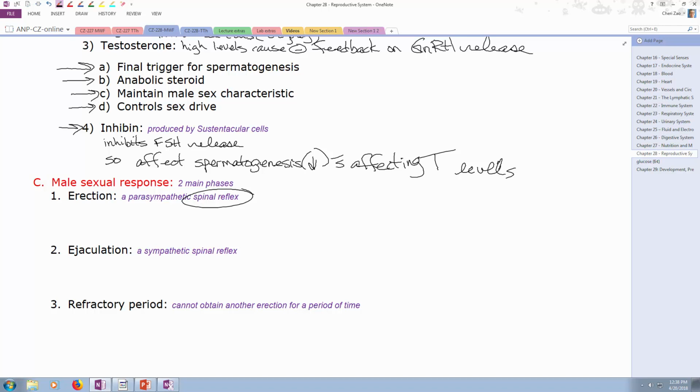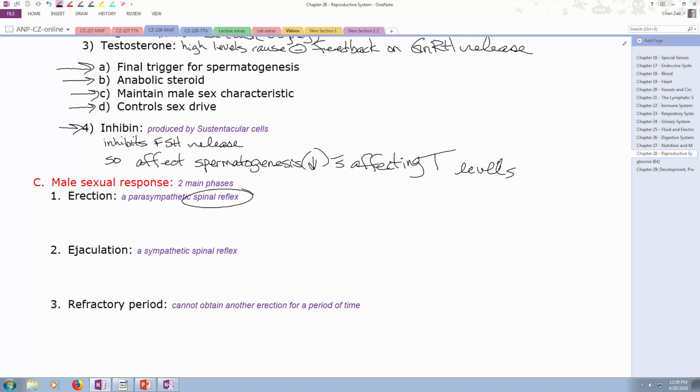Because like in the female, with proper stimulation, the parasympathetic nervous system is responsible for blood vessel diameter to the genitalia. The parasympathetic nervous system is responsible for vasodilation, and vasodilation means vascular engorgement of reproductive tissue and structures.